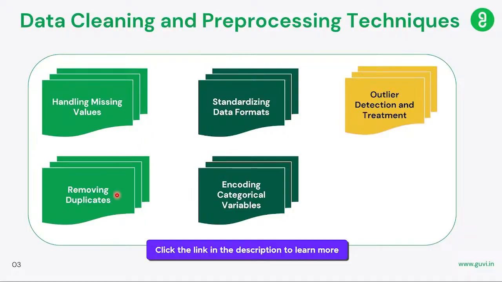Now, removing duplicates. Duplicate records are identical rows in the dataset, which can skew the analysis results and lead to inaccuracies. Techniques for removing duplicates include identifying and removing the duplicate rows based on selected features.